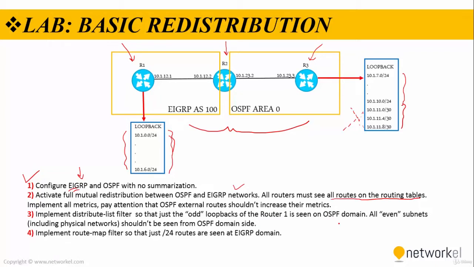Alright. What I'm going to configure here is an access list, and I'm going to match the odd loopbacks. Then I'm going to implement the distribute list. Okay. Let's go.